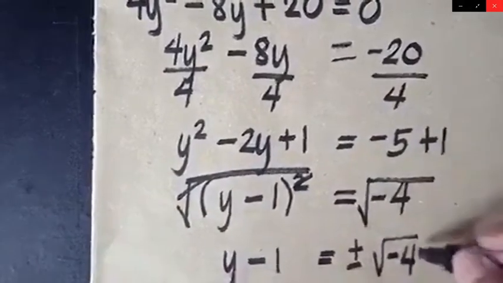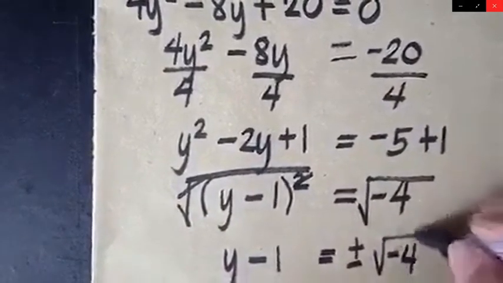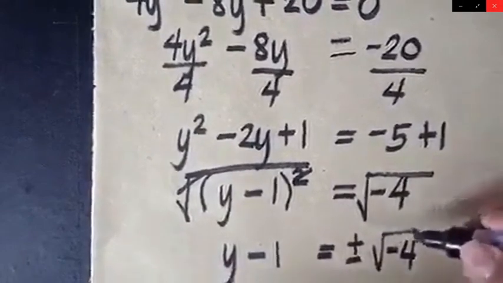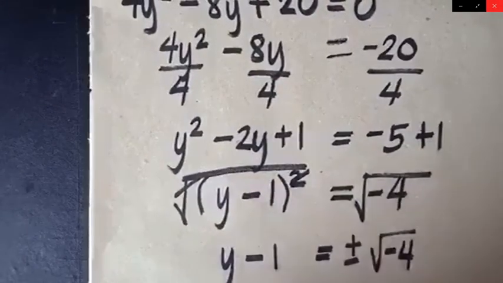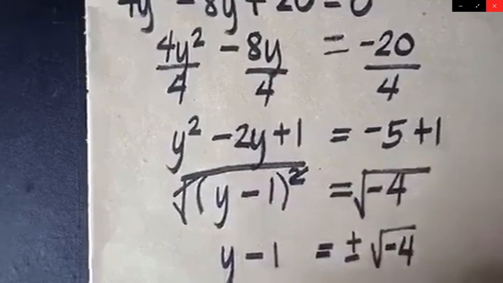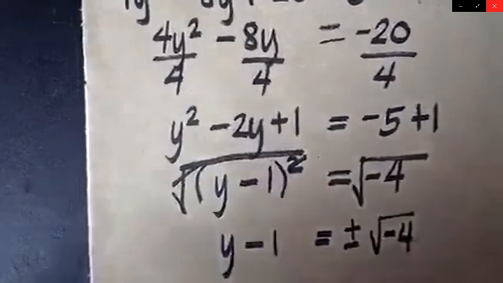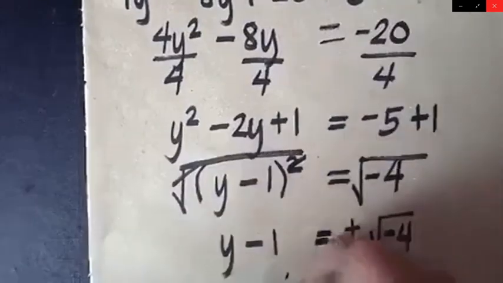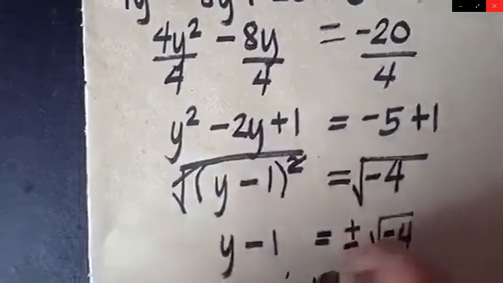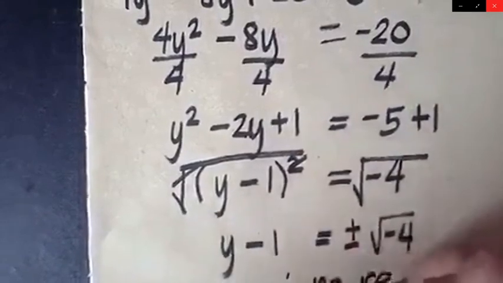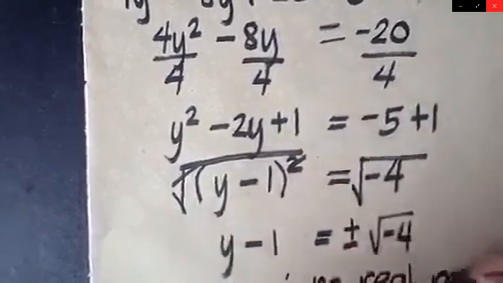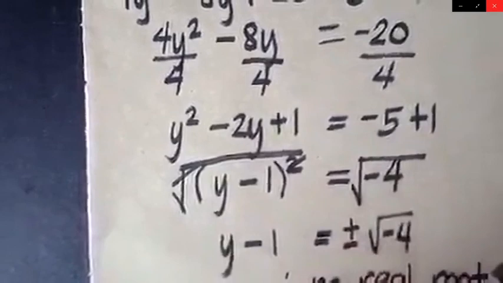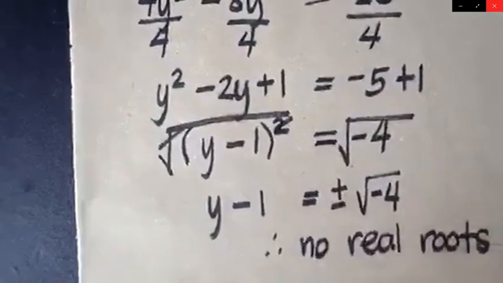Now, since our radical is negative, it means that we do not have any real root. Okay? Ibig sabihin, imaginary yung root natin. So, therefore, we do not have any real roots. Okay, we do not have any real roots.